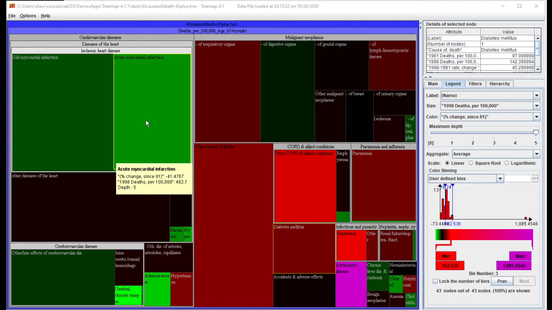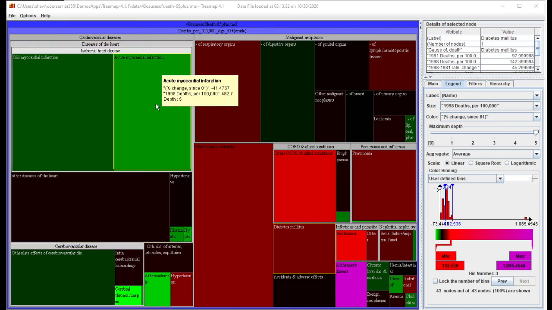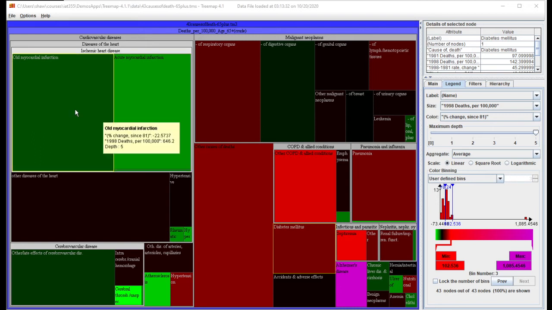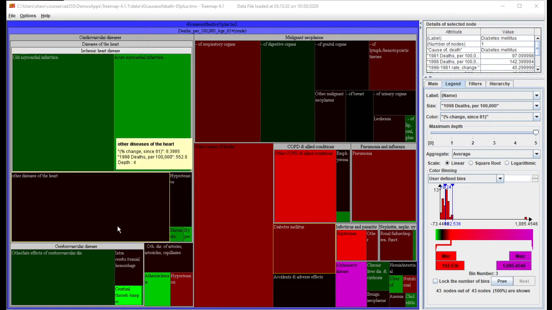So that's improved. There's been a nationwide campaign for a long time to address that, worldwide campaign really. And so acute myocardial infarction, that means heart attack, old infarction, that was second or third heart attack essentially. Other diseases, that hasn't changed much.